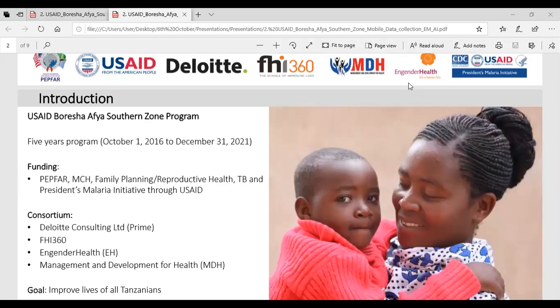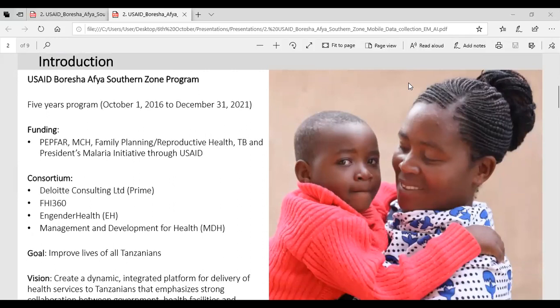Just to give you a background on our program, this is USAID Boresha Afya Southern Zone. It's a 5-year program which started in 2016 and is expected to end in 2021. Our funding areas are PEPFAR, MCH, family planning, and TB and malaria initiative through USAID.